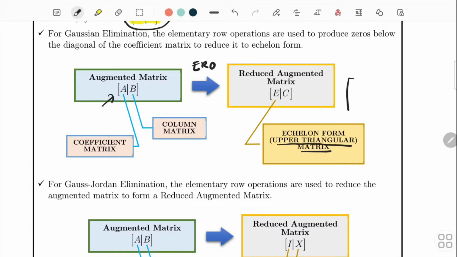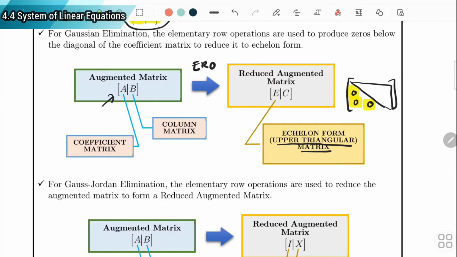An upper triangular matrix is in this form, where these three elements should be zero. So here, the remaining elements do not consist of zero. After we reduce by using ERO, you have to make sure you get in this form, and then we're going to proceed with the next step.